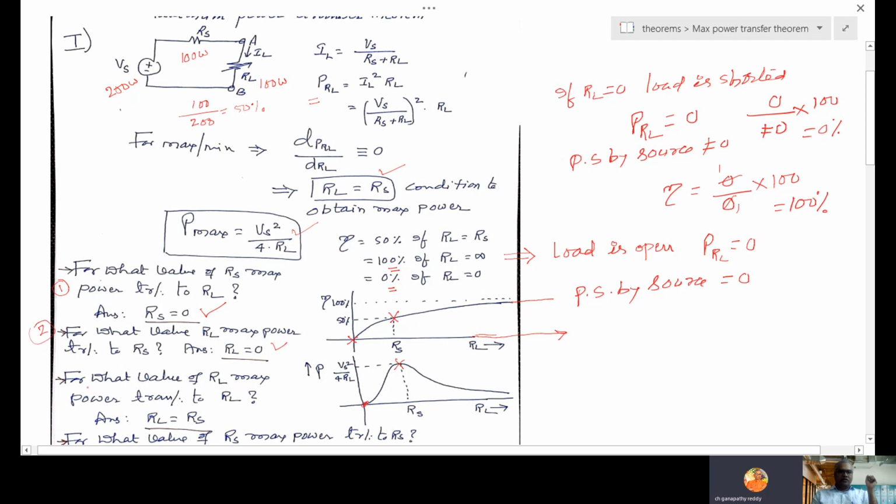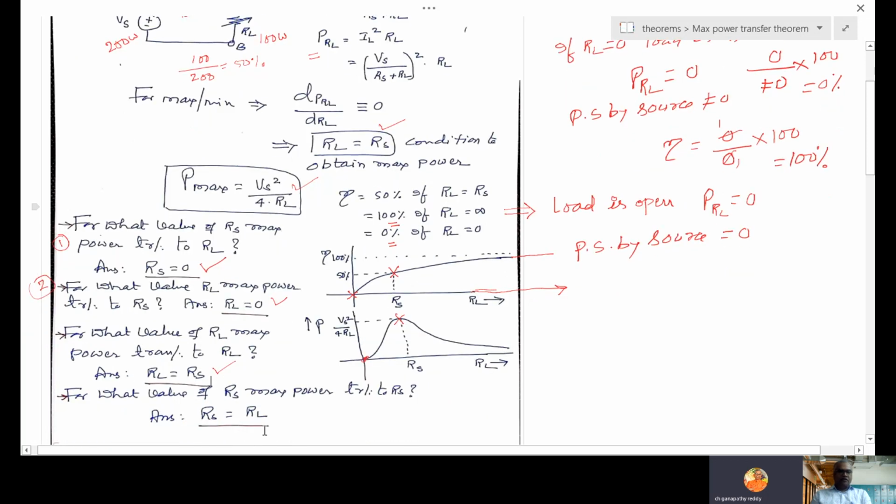What is the third case? For what value of RL, maximum power transfer to RL. So highest power should come to RL, and we are varying RL. That is RL equal to RS. That is the condition we just now derived. And the fourth statement: for what value of RS, maximum power transferred to RS.